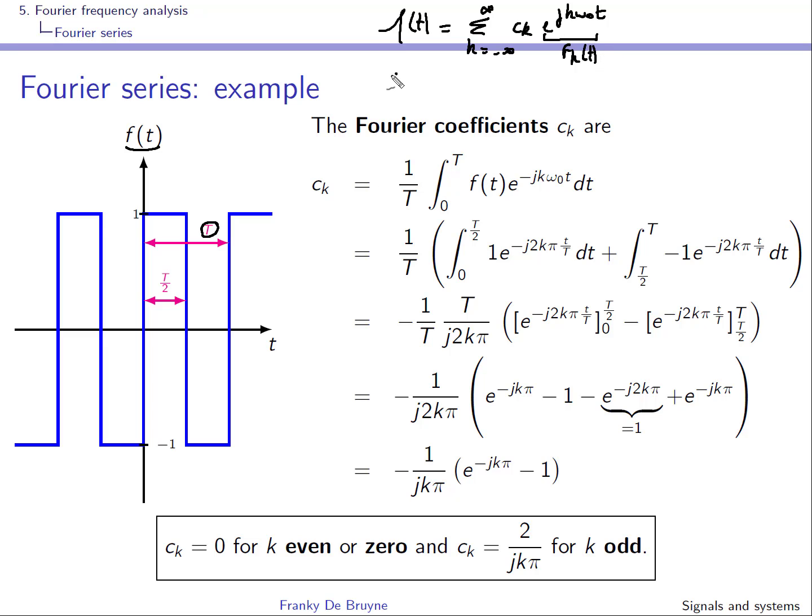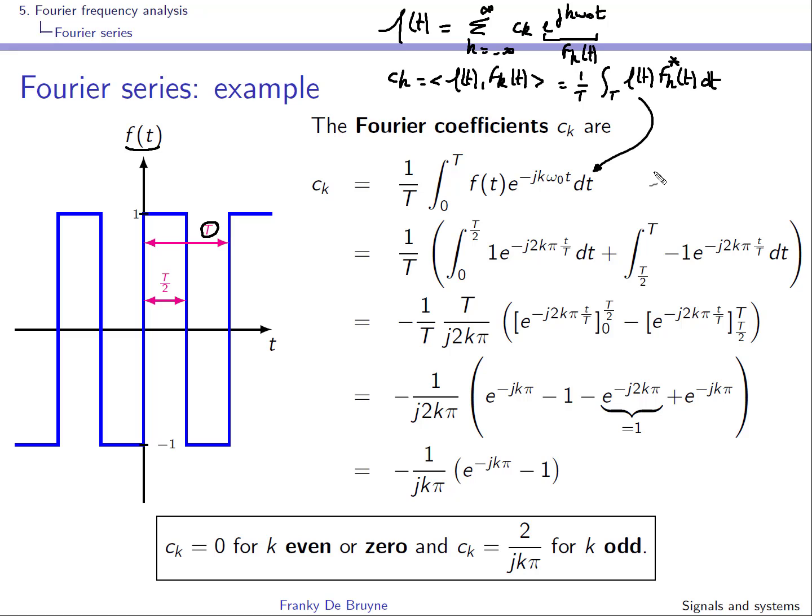We've seen that c_k is the inner product of f of t with the corresponding function in the Fourier basis, and because we had defined an inner product for our Fourier basis as 1 over T integral over any period of f of t times the conjugate of f_k of t dt, this leads to the following formula.